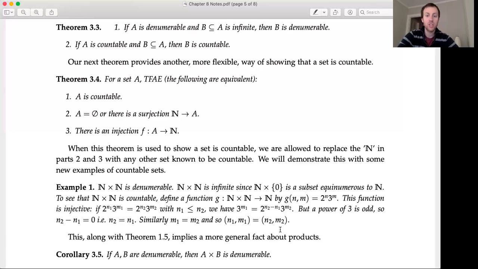It's definitely not onto, because we only get things that have 2s and 3s in their prime factorizations. But because there's an injection, we know that N times N is countable. And we can check that it's not finite.